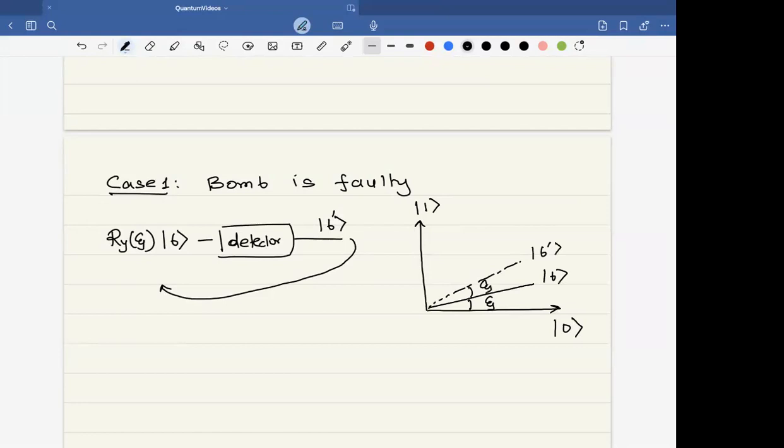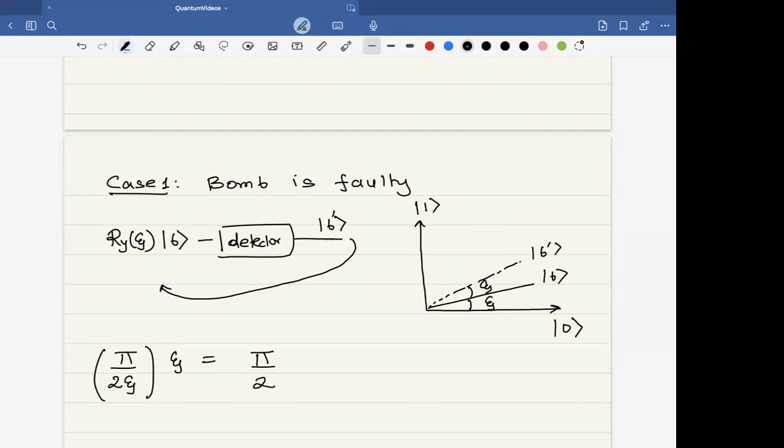So basically the system is driving it towards the ket 1 state. If I do pi over 2 epsilon iterations, then the angle rotated is pi over 2.